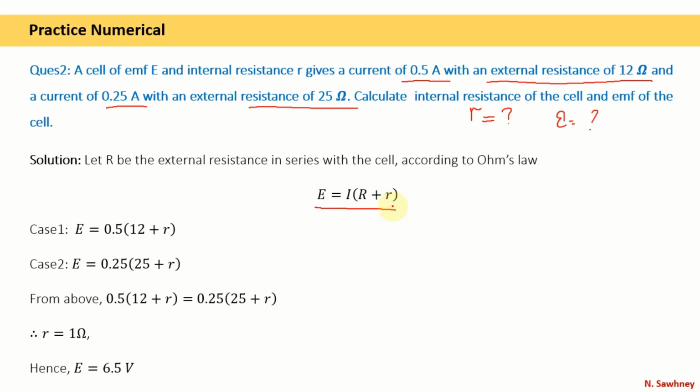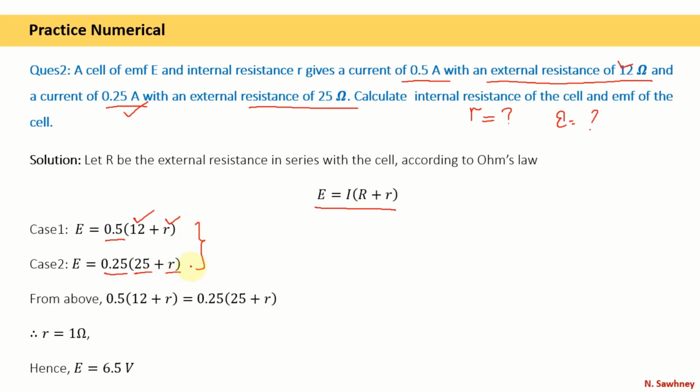Putting down all the values for both the cases. For the first case, the external resistance is 12 ohm as given in the question, and internal resistance we need to calculate. The current for the first case is 0.5 ampere. For the second case, the current is 0.25 ampere, as given in the question, and external resistance is 25 ohm and internal resistance we need to calculate.